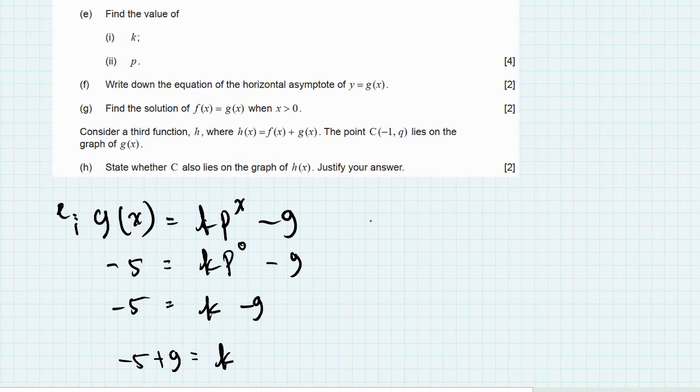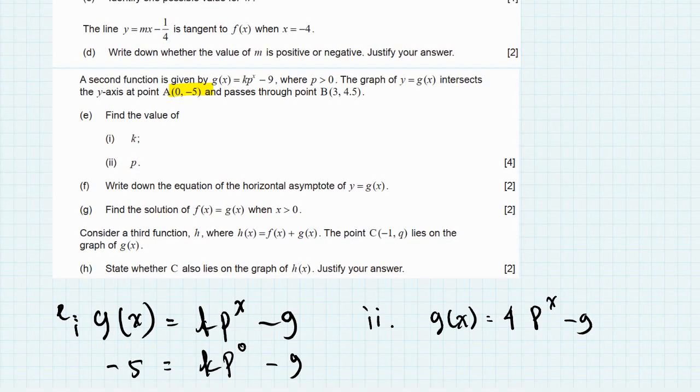This is part I. For p, we will use what we have. So g(x) is equal to, the k is 4, p to the power of x minus 9. Now we will use the second point given to us, which in this case is x is 3, g(x) is 4.5. So let's input it.